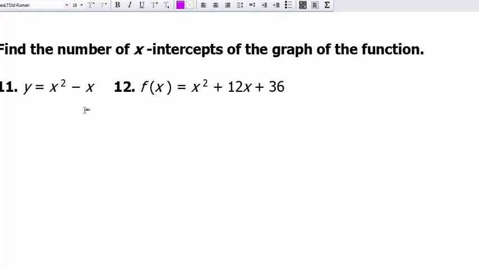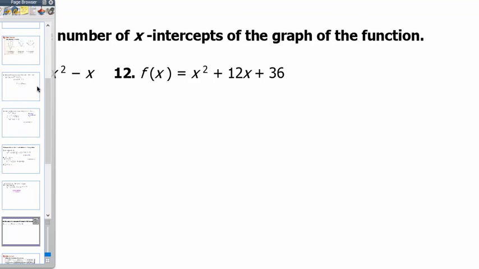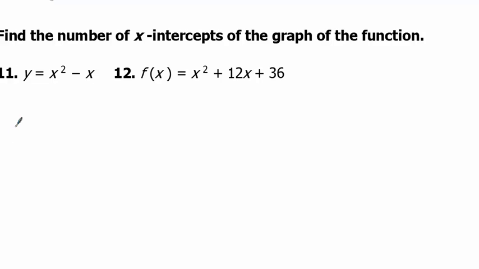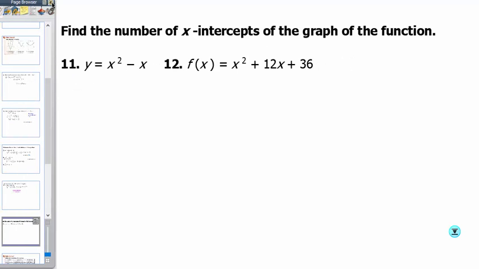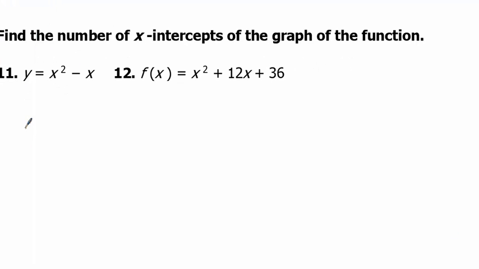I can have a term missing. I don't see my c here. It's really important that you plug it in though, because when I look at this, b is -1, make sure you put that in parentheses to square it, minus 4 times 1 times 0.